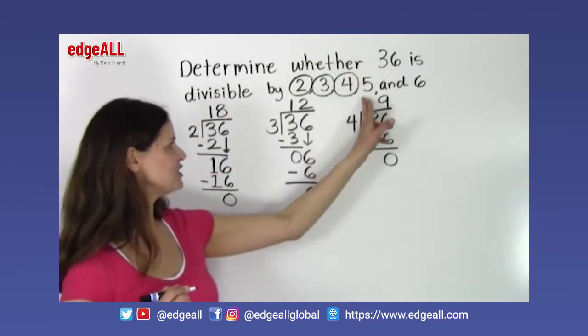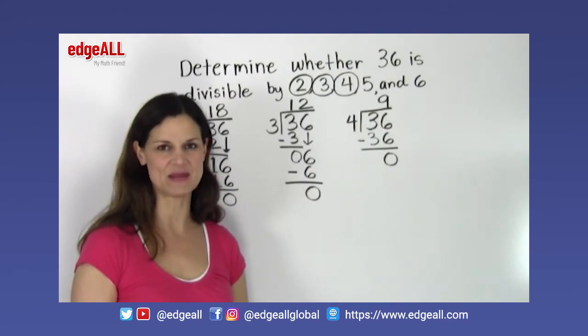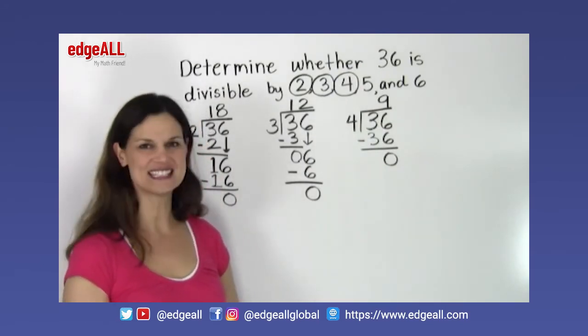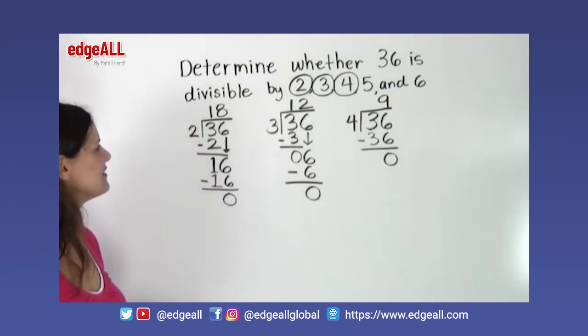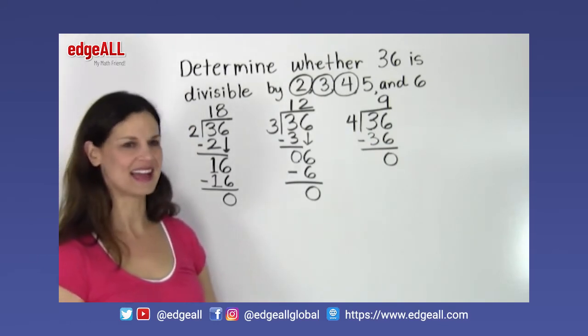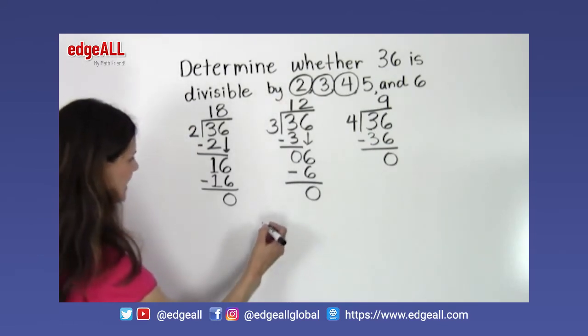So it looks like I have 2 more division problems to do. We need to do 36 divided by 5 and 36 divided by 6 to see if 36 is divisible by 5 and by 6. Let's look at 36 divided by 5.